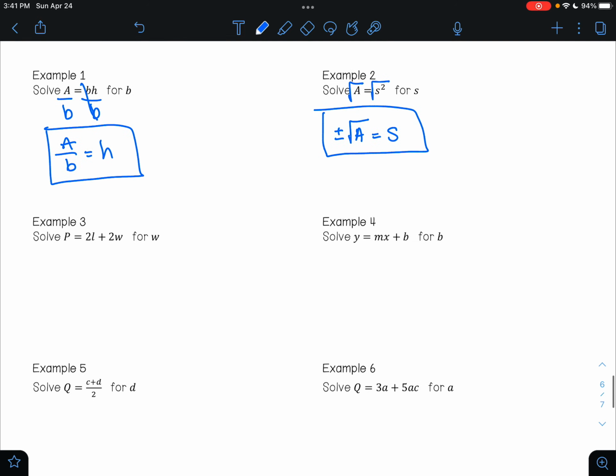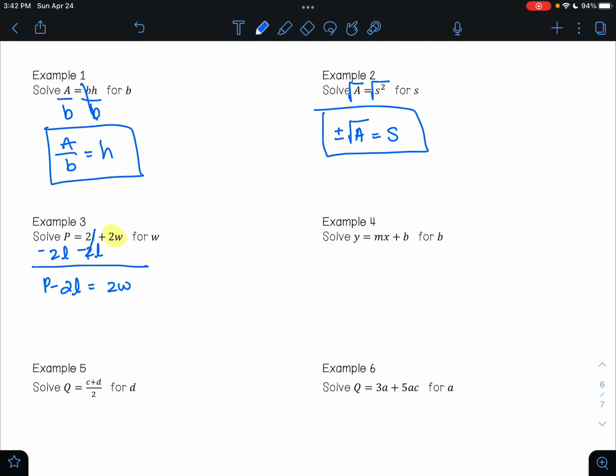On example 3, we have P equals 2L plus 2W, and we want to solve for W. First thing I want to do is get 2W alone. How do you undo addition? Subtraction. So I'm going to subtract 2L on both sides. P and 2L are not like terms, so I'm just going to write those side by side.